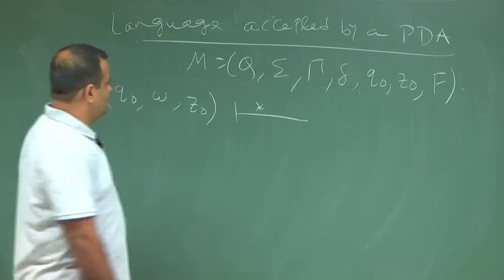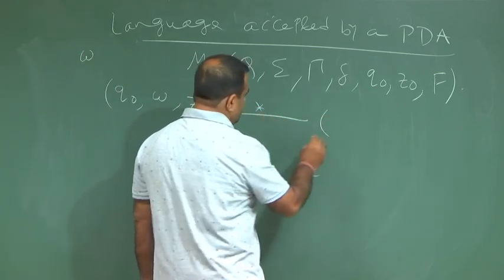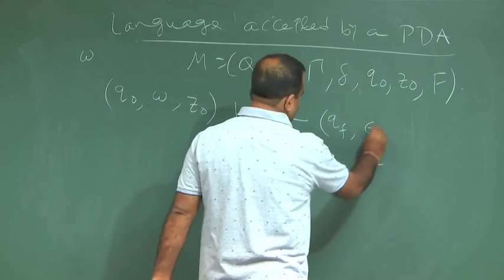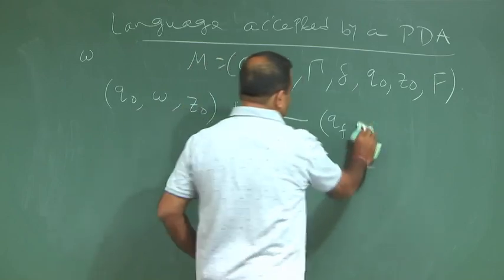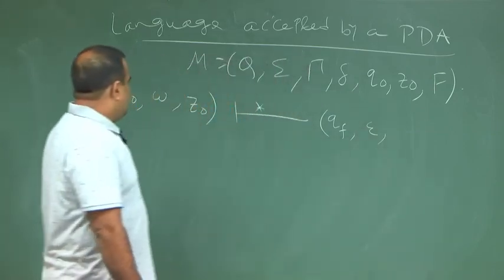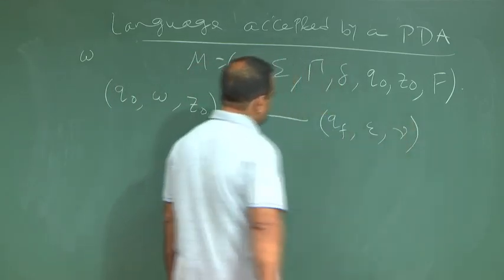If we can reach a situation like this, some qf, and we must end up with reading this string, this is epsilon, and we have some gamma in the stack.